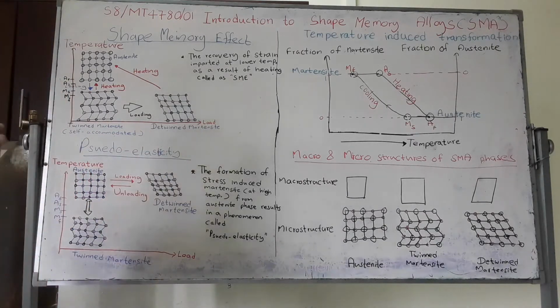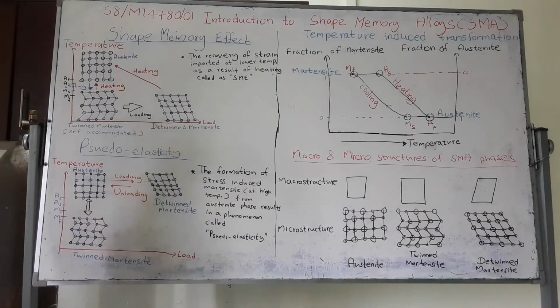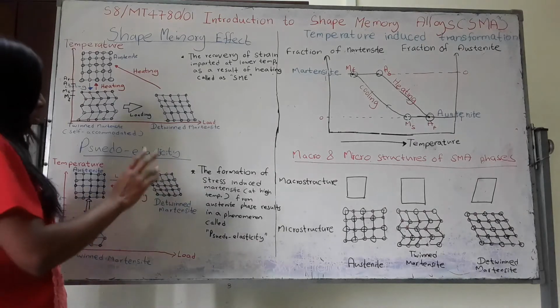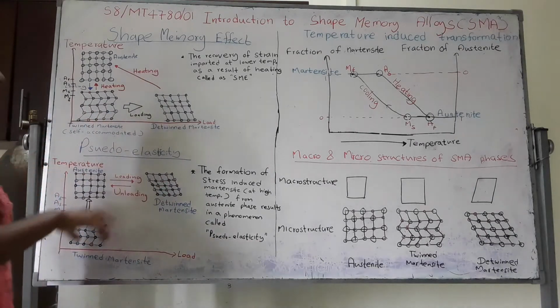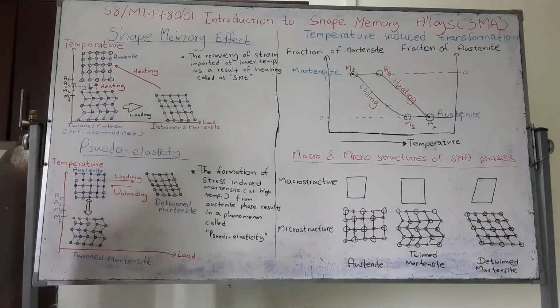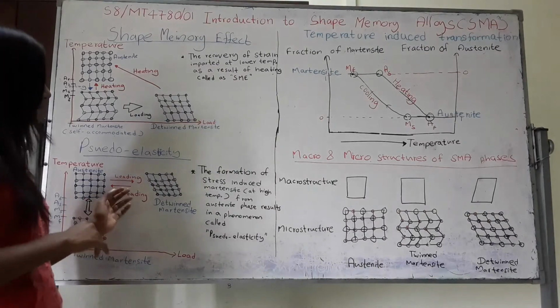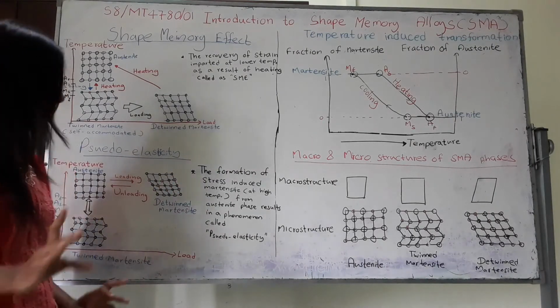And next one is pseudo elasticity. Pseudo elasticity happens when it applies mechanical load. When it applies mechanical load, it has the ability to form detwinned martensite, but in the elevated temperature zone.